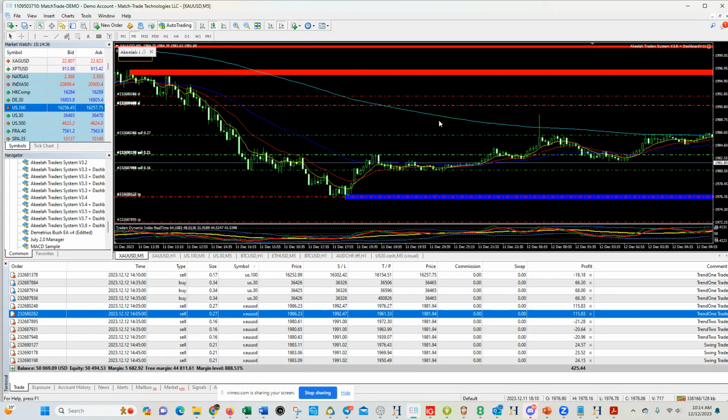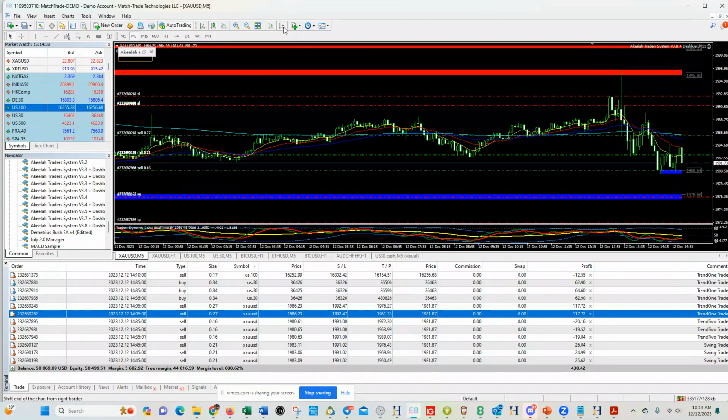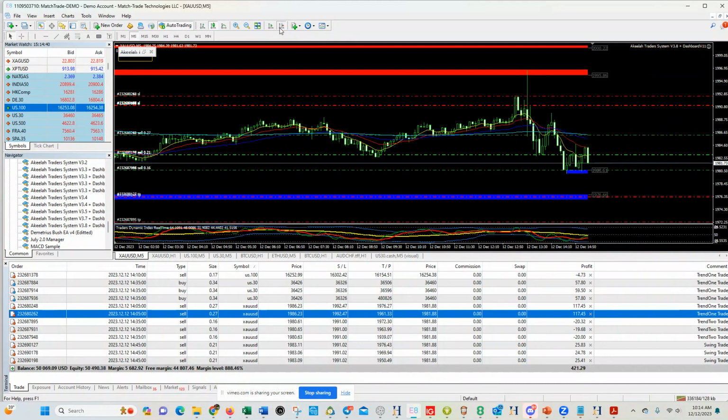And so I want to see where our take profit area is here for gold. Again, right around this 1976, 77, something like that area. We're going to see if the gold is going to push down to this area and take us to the promised land of trading.